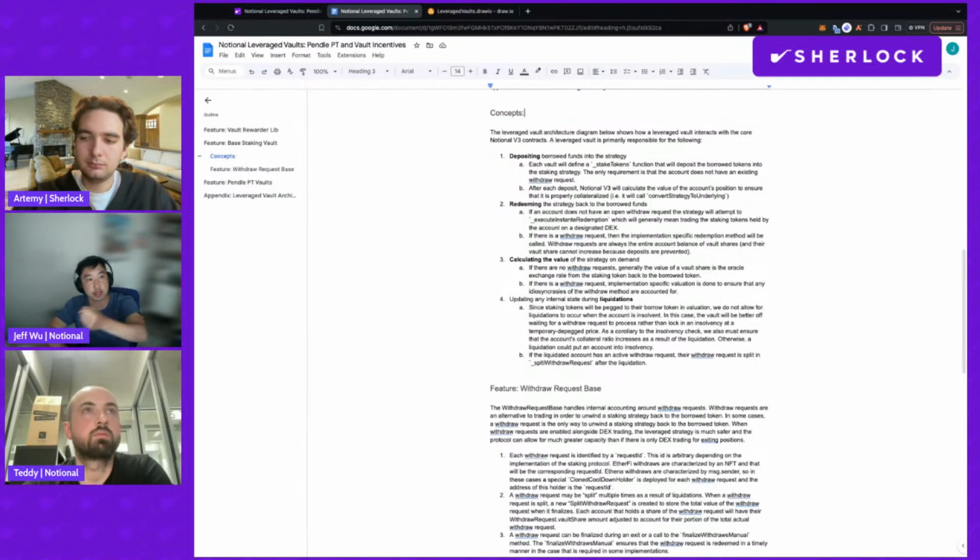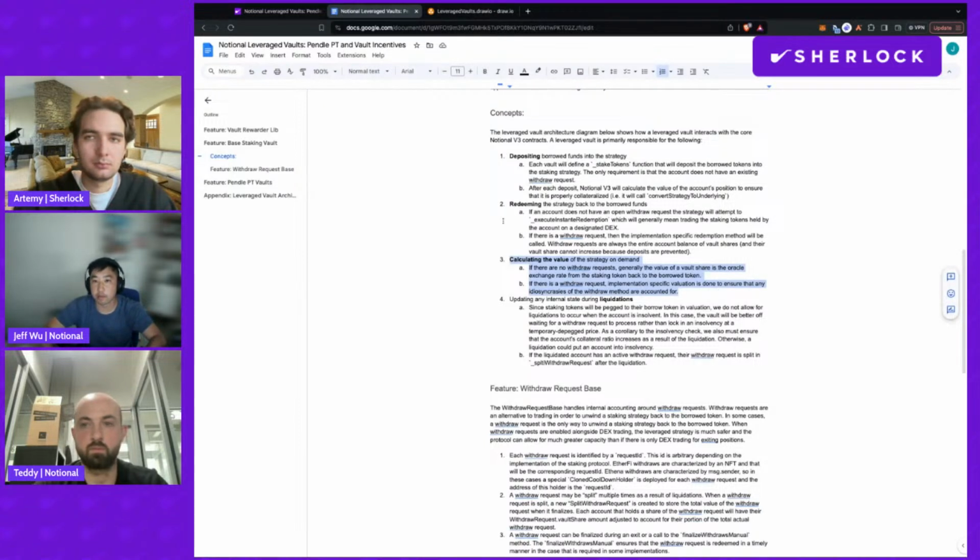When it's done with that, it's going to tell Notional how many staking tokens it generated as a result, and Notional is going to record that and then do a check that this account's position is sufficiently collateralized. The way it does that is it asks the vault, on demand, what's the value of this particular account's position? Similarly, the vault is responsible for unwinding that position.